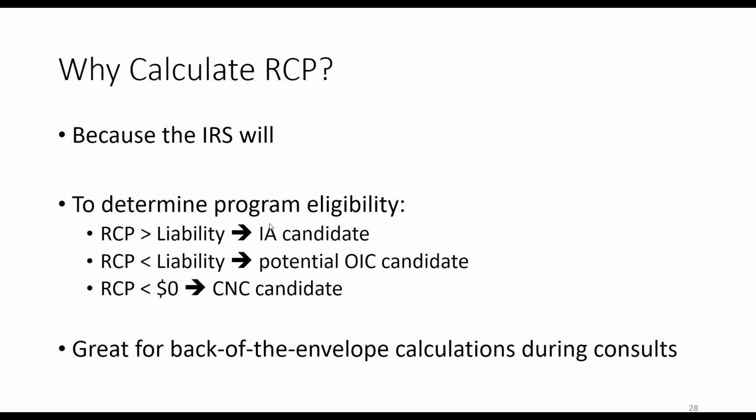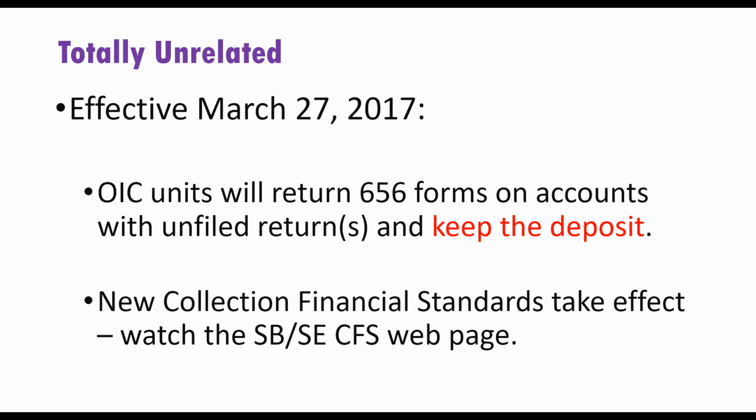If their RCP is greater than the liability, you're looking at a payment plan. If the RCP is less than the liability, they're potentially an OIC candidate. If RCP is negative, they're probably a CNC candidate. This is the fastest way to determine the best resolution option for your client: simply calculate RCP and compare it to the liability.